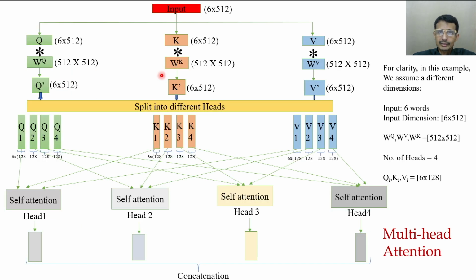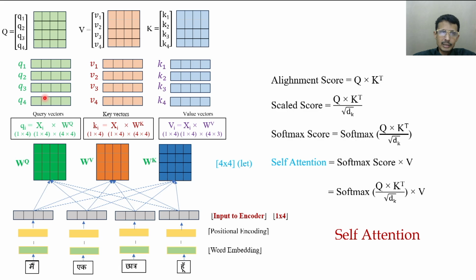Now here we have changed the dimension. It was very easy to draw this matrix. Now a more realistic example, we change this dimension so that you can understand properly, because now we understand everything.